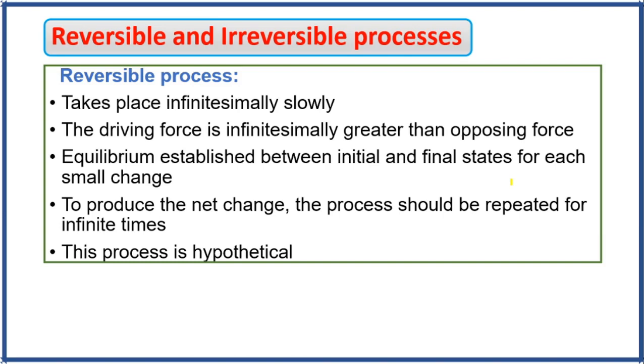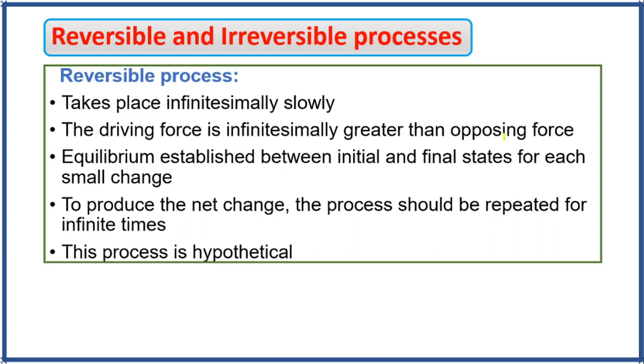Next we will move on to the other concept called reversible and irreversible process. The reversible process is a hypothetical process. It takes place very slowly. At each and every stage, equilibrium is established between the initial and final states, and here the driving force is only minutely greater than the opposing force.